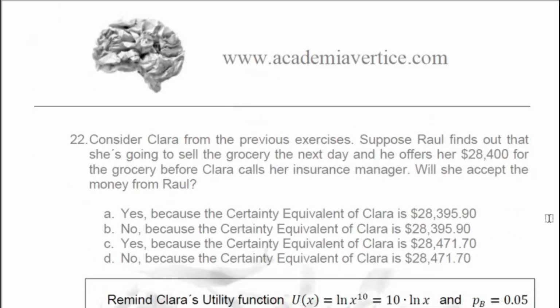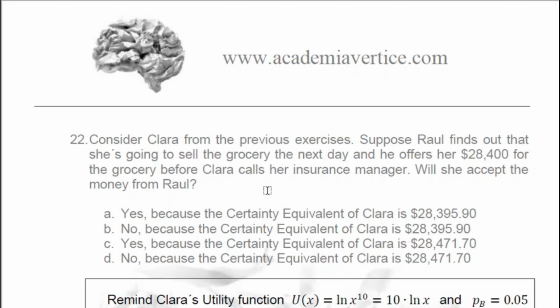Perfect. Now, consider Clara from the previous exercises. Suppose Raul finds out that Clara is going to sell the grocery the next day, and he offers her $28,400 for the grocery before Clara calls her insurance manager. Be careful, before Clara calls her insurance manager. So we need to forget about the insurance.